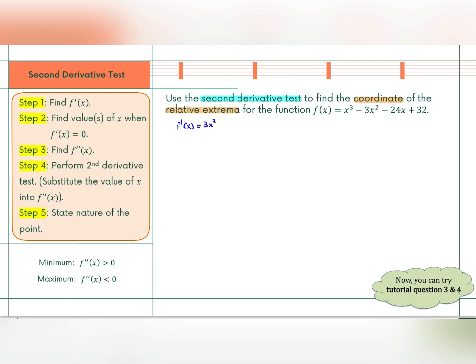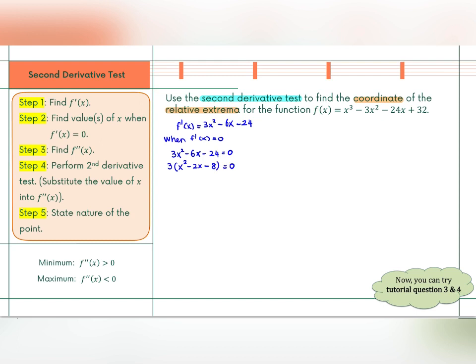Differentiate dapat 3x squared minus 6x minus 24. Okay, lepas dah dapat first derivative, samakan value dengan 0. So, when f prime x is equals to 0, so 3x squared minus 6x minus 24 is equals to 0. Factorize 3, kita ada x squared minus 2x minus 8 equals to 0.